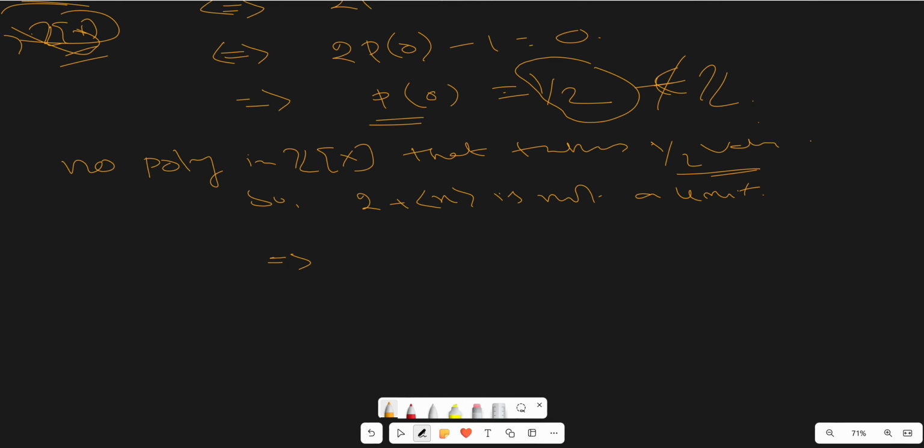It is not a unit, right? Okay, yeah. If it is not a unit, it does not guarantee that it is a zero divisor, right? There may be some element left out that is not a unit and also not a zero divisor. So anyway, let's check for the zero divisor.